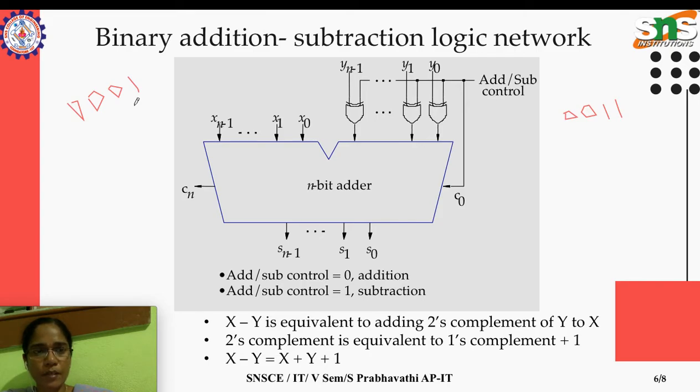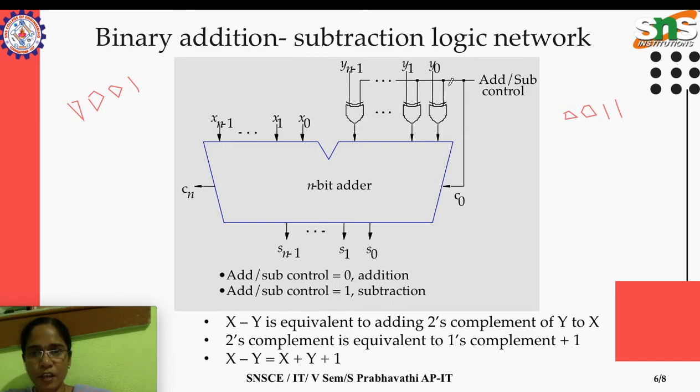So how will we convert it? Here this control signal will pass the value 1, and the carry also 1. When we pass all ones to all these XOR gates, the bits will be converted into the 1's complement, and if the C naught value is 1, it will perform 1's complement plus 1, that is equal to the 2's complement.